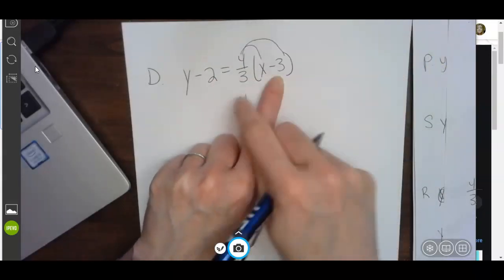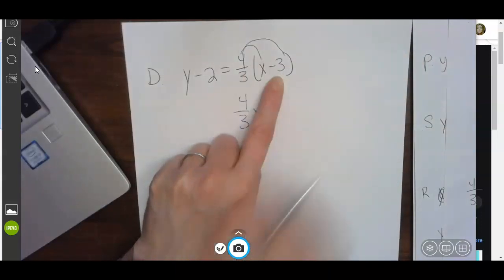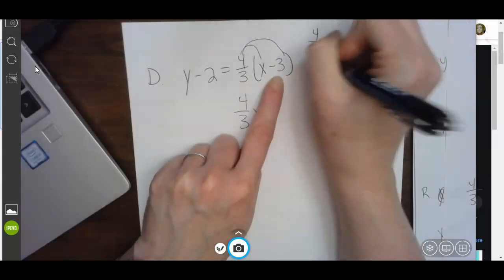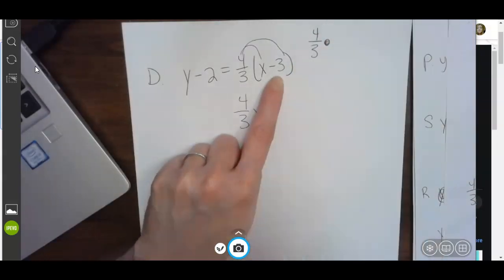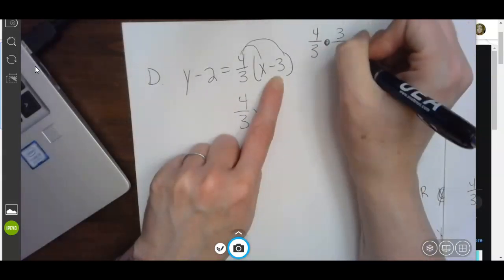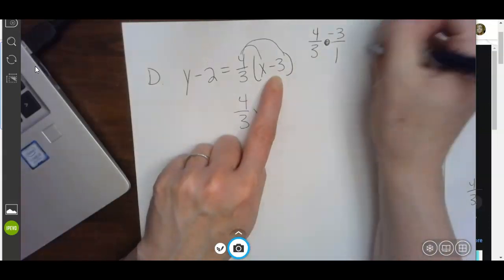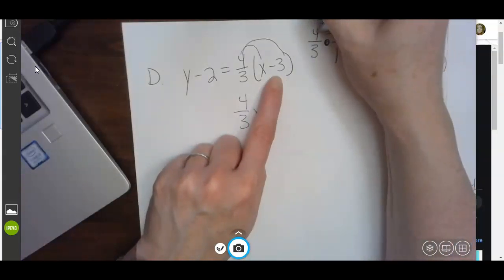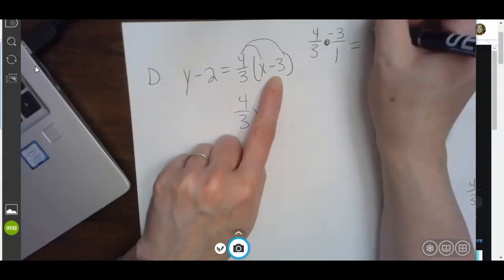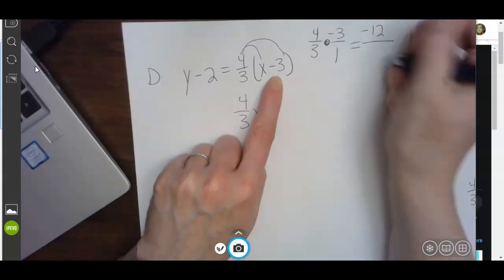Okay, so now you're multiplying 4/3 into a -3, which is okay. I want you to write it out to the side. 4/3 times, and I'm going to put a dot for the times sign right now, times 3/1, because that is the same as 3. Now we're going to just multiply across. So 4 times -3 is -12 over 3 times 1 is 3.